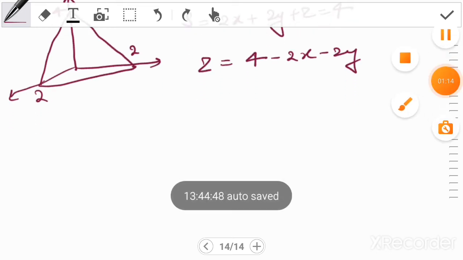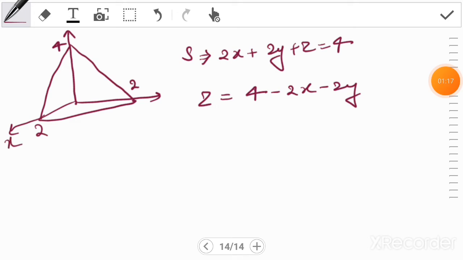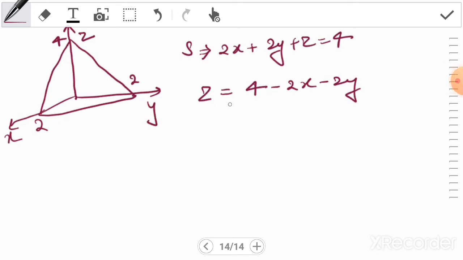Yes, this is x, y and z. So put z equal to 0, for y we will have 2 minus x. From here, if you put z equal to 0, you will have y equal to 2 minus x.